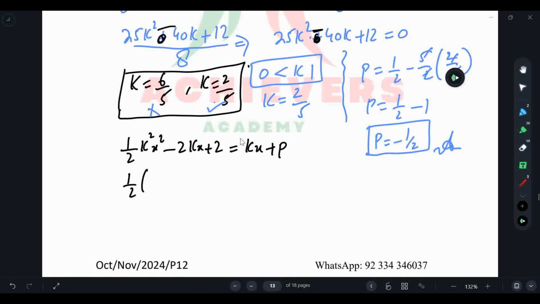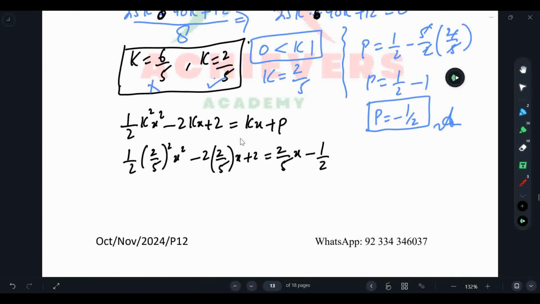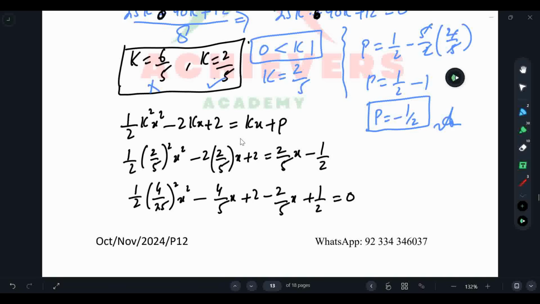Now 1 by 2, k is 2 by 5 whole square, x square minus 2 into k, which is 2 by 5, x plus 2 is equal to 2 by 5 x minus 1 by 2. Now if we simplify, this will be 1 by 2 into 4 by 25 x square minus 4 by 5 x plus 2 minus 2 by 5 x plus 1 by 2 is equal to 0.